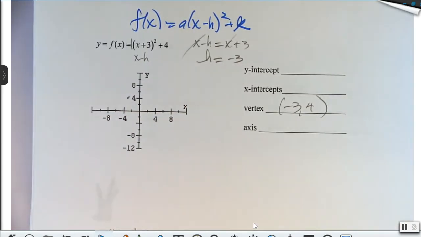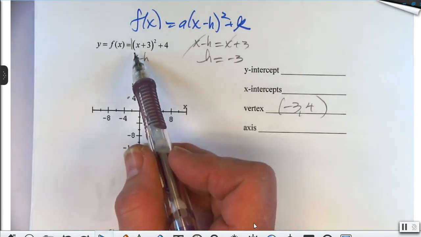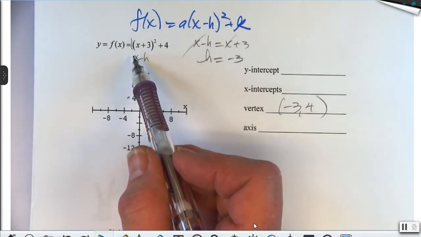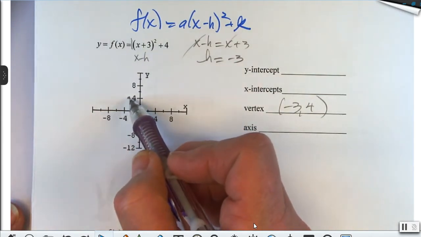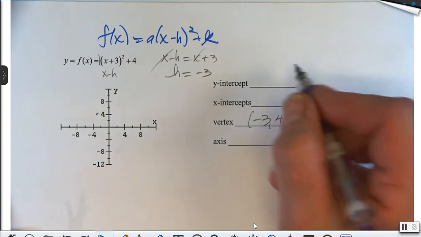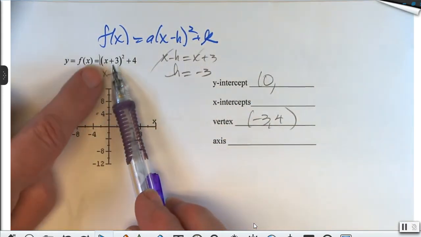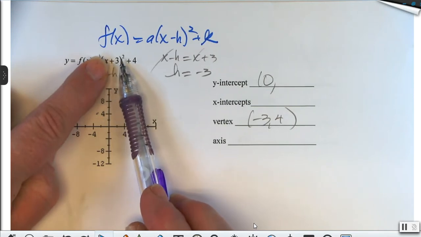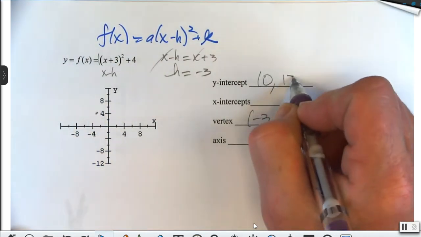Now, I kind of put it on there for a reason, because the a is equal to 1, it's positive, my graph is going to open upward from here. Now, let's figure out our y-intercept. That's going to be when x is 0. So if x is 0 here, that's going to be 3 squared, or 9, plus 4, or 13.